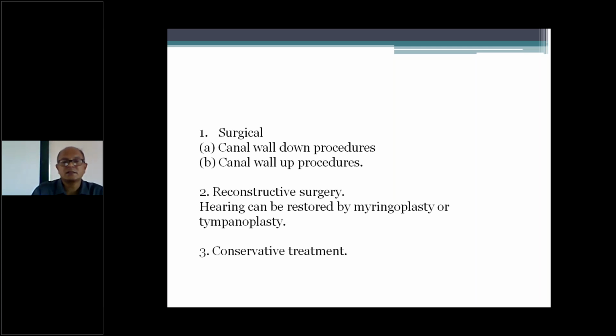For the attic reconstruction, you can bring a cartilage and keep it in such a way that the attic is reconstructed. Why is it necessary to reconstruct? Because that will prevent development of retraction in future if negative pressure develops. Canal wall up procedure we will take up in the next class.